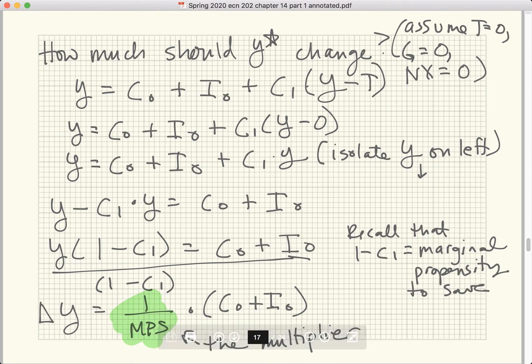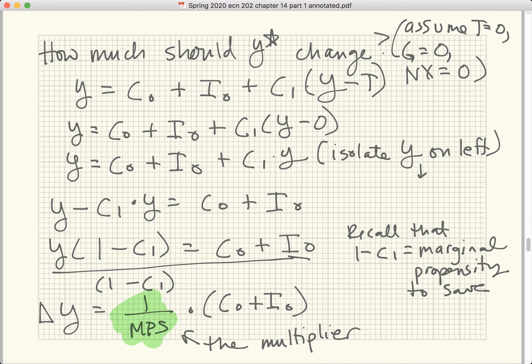How much should equilibrium income change? Well, we're going to start by assuming that taxes are equal to zero, there's no government expenditure, and that net exports are equal to zero. So this is really just an exercise in algebra.